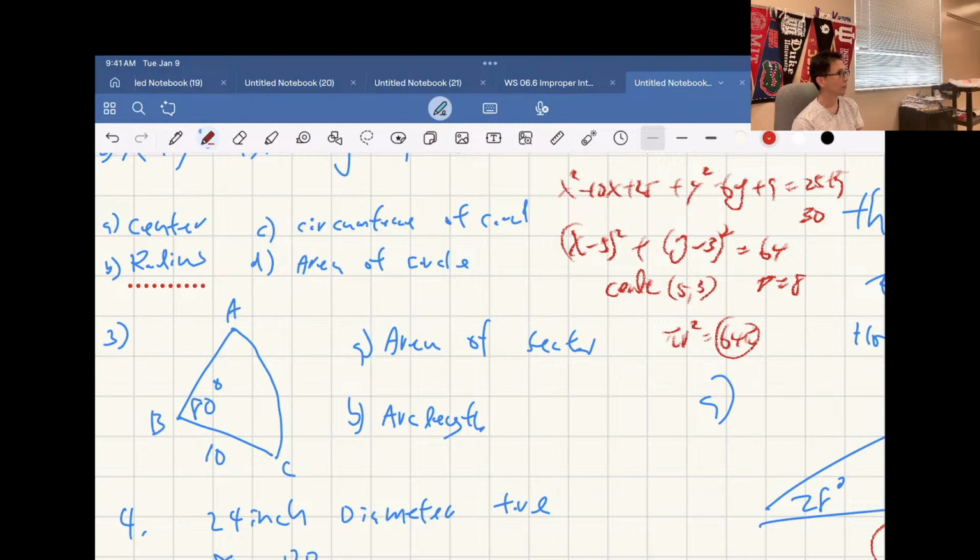Wait, is that for the area of a sector? Yeah, that's the area of a sector. Now, for arc length, it's a percentage times the circumference, so whatever you get for the area of a sector. Wait, and then the r is 10. Yes, it's 10 because from here it is 10. This is 10.